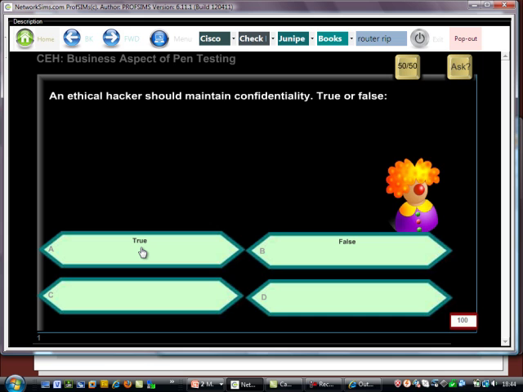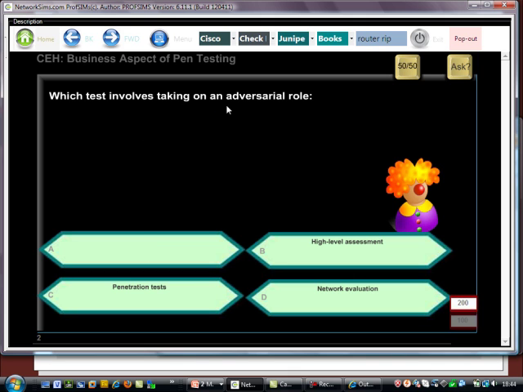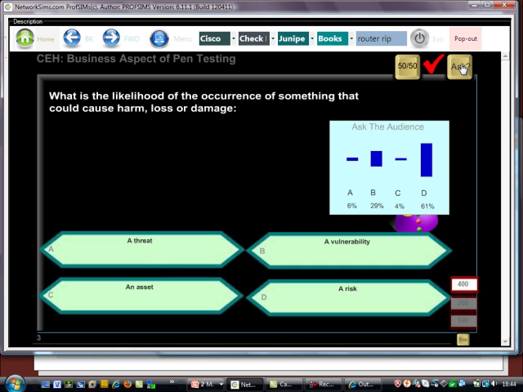Okay, so an ethical hacker should maintain confidentiality. Yes. Which test involves taking an adversarial role? As we've seen, that was the pen testing. What is the likelihood of the occurrence of something that could cause harm, loss, or damage? Let's ask the audience.